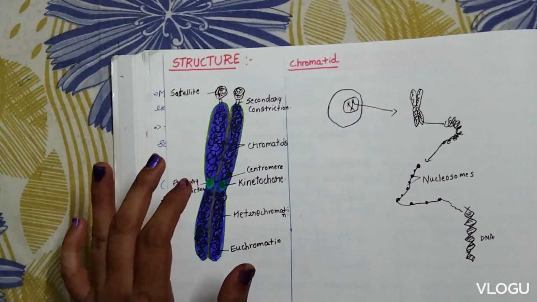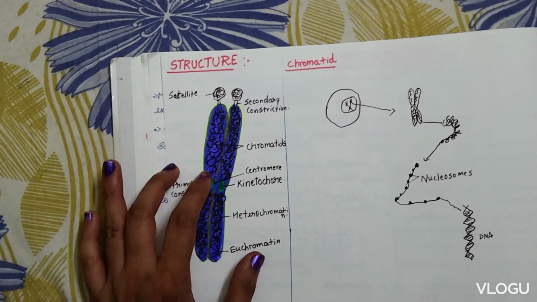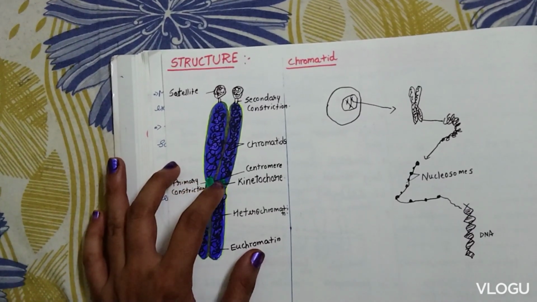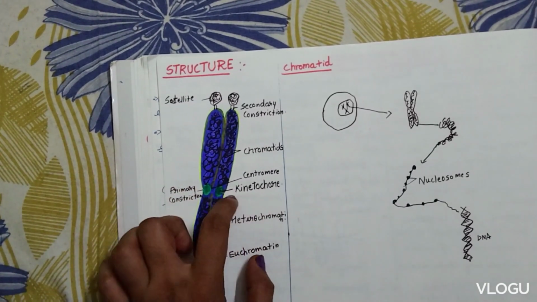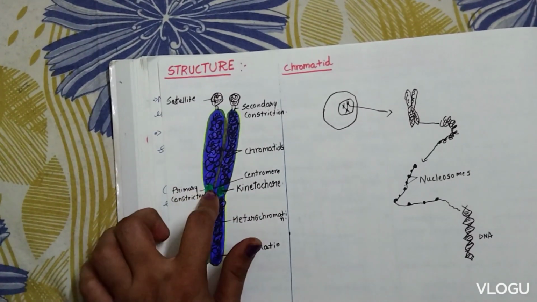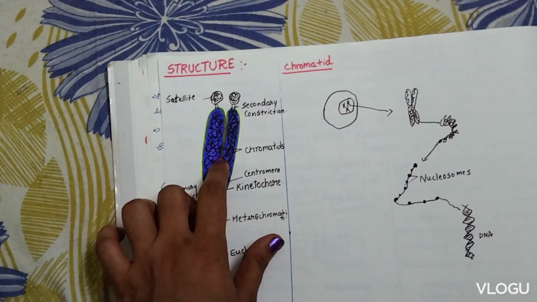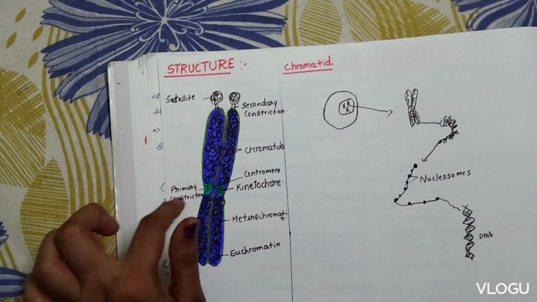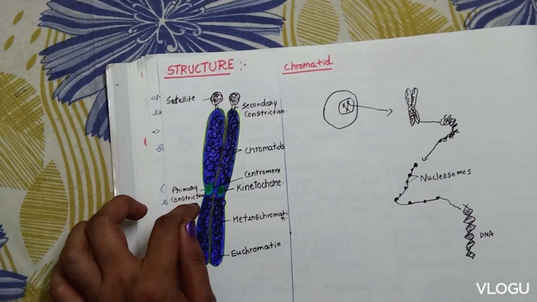Generally it is positioned in the center, the general structure which you are learning. On the sides of the centromere are disc-shaped structures called kinetochores. Due to this centromere, the chromatids get separated into two. This is called the primary constriction. Here the constriction occurred, that is the primary constriction.